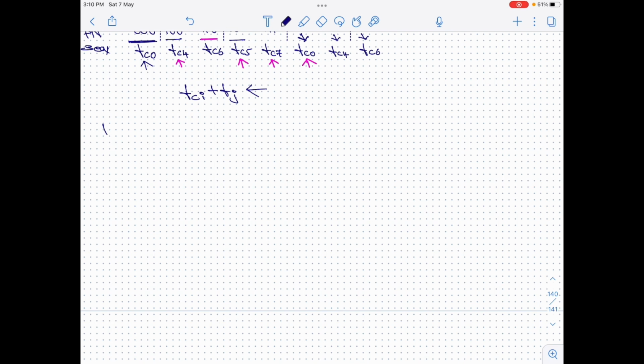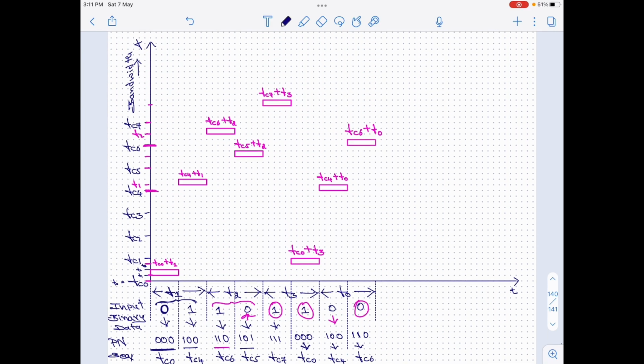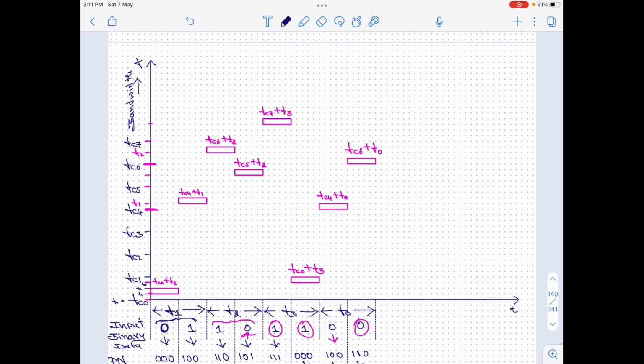Lastly, I move on to the part D, which is to plot the de-hopped frequencies. We are asked to plot the de-hop frequency with respect to time. This is very simple. All you now need to do is borrow the transmitted carrier frequencies from the part C of the numerical and eliminate the carrier frequency parts from the transmitted frequencies.